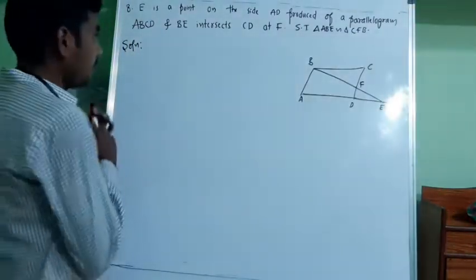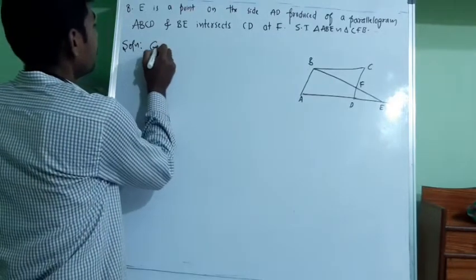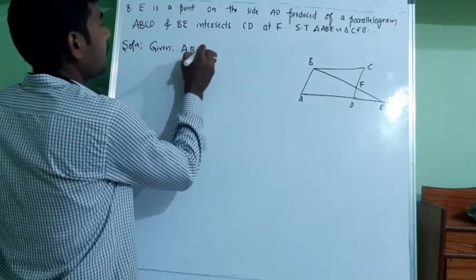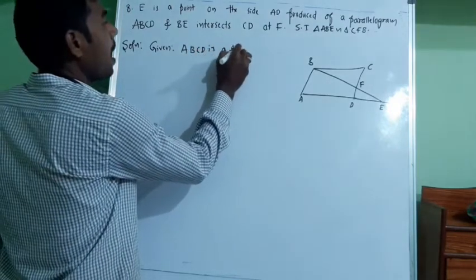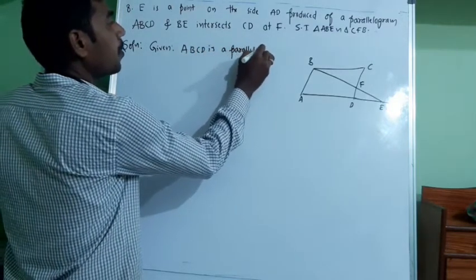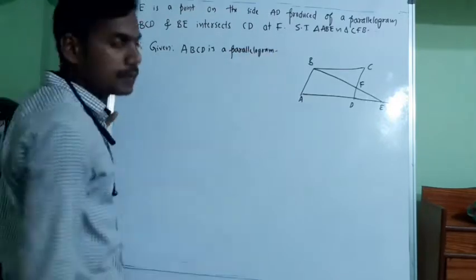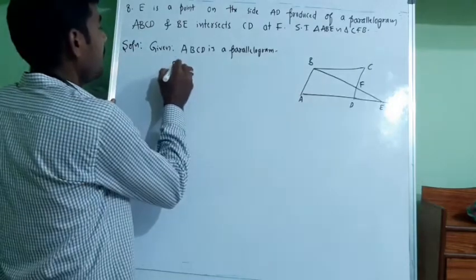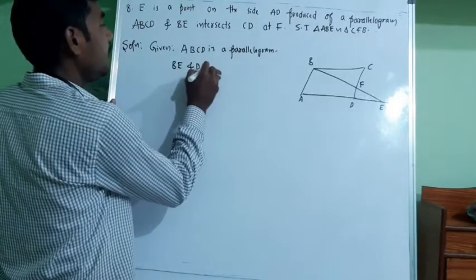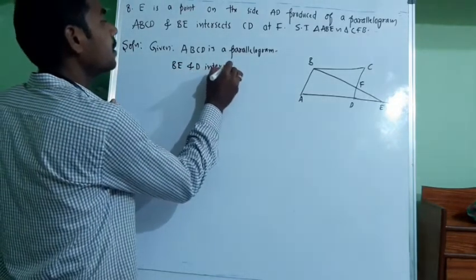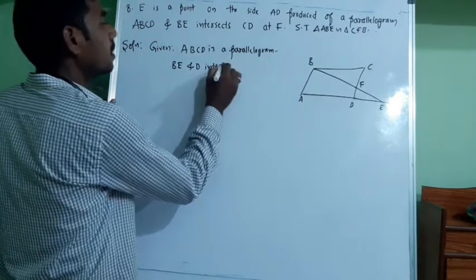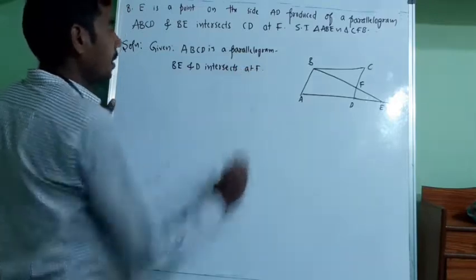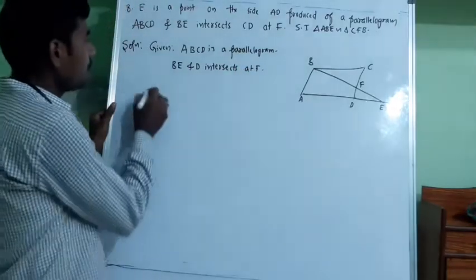See what is given. ABCD is a parallelogram and BE and CD intersect at F. And what we need to prove?